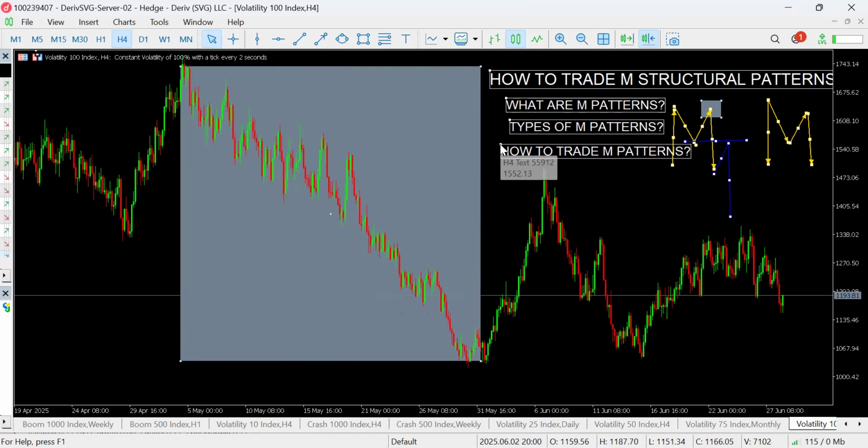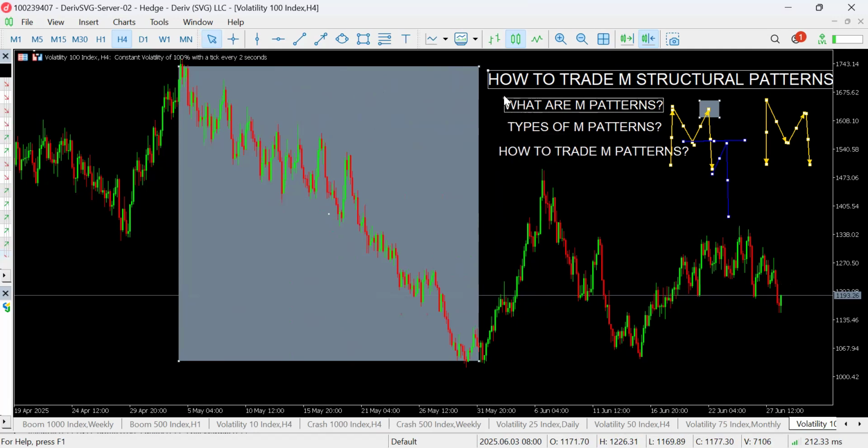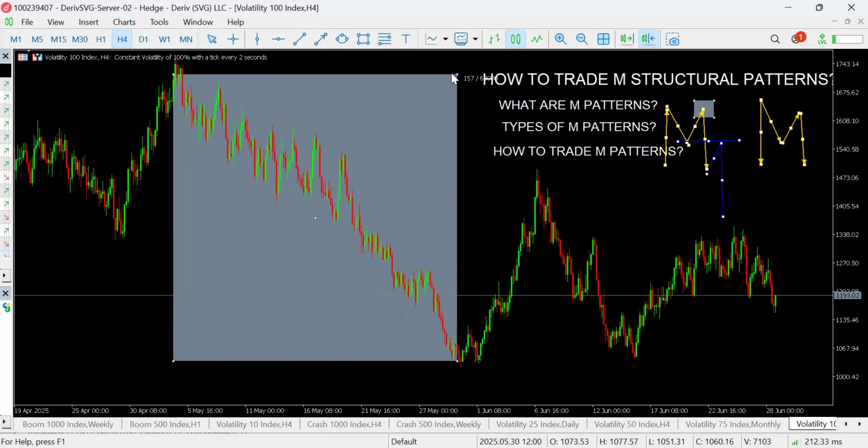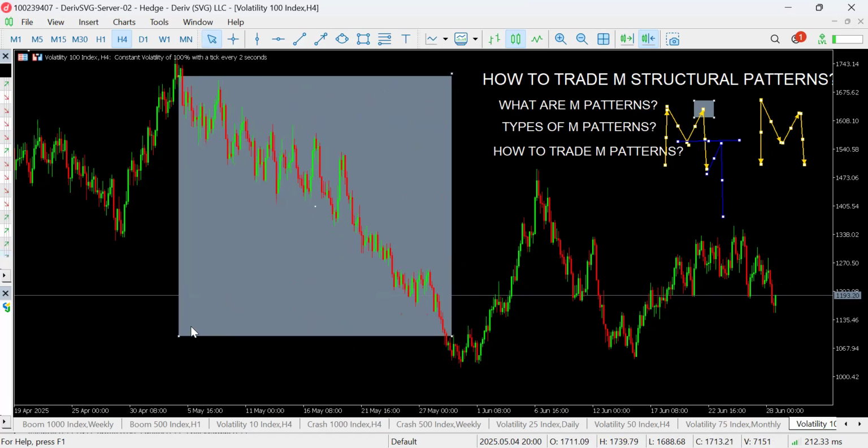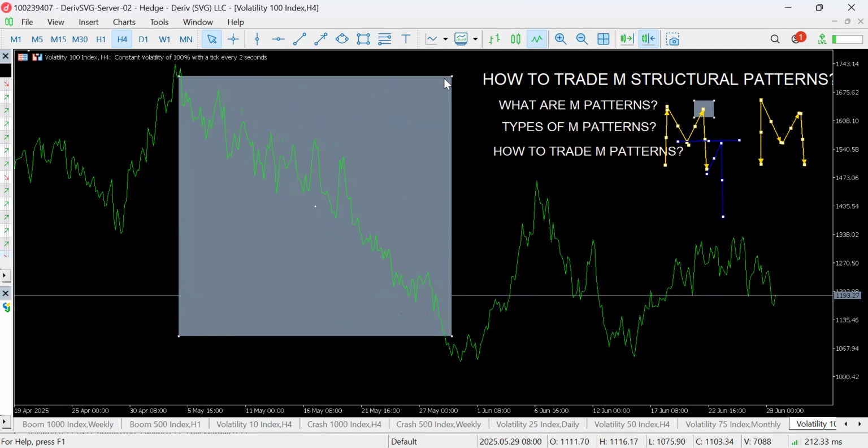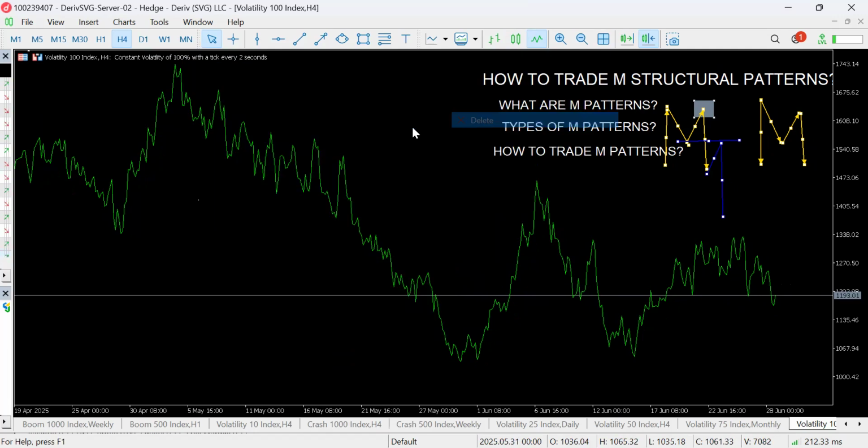Let's take our time to look at this portion of the chart.